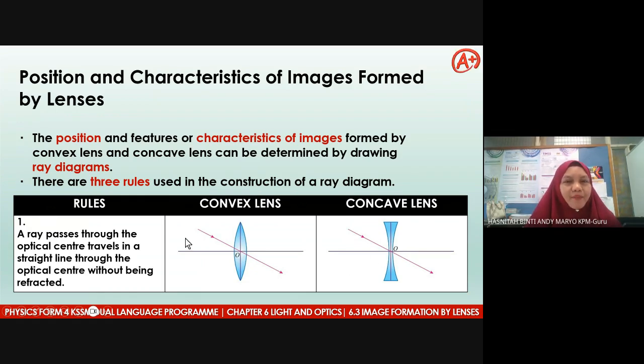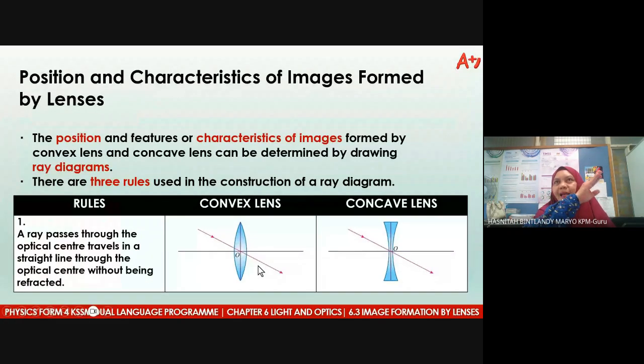Number 1, you can see there is a light ray passing through the optical center in this direction for concave and convex. Both light rays are passing through the optical center. So what happened? The light ray will continue to travel in a straight line without being refracted.